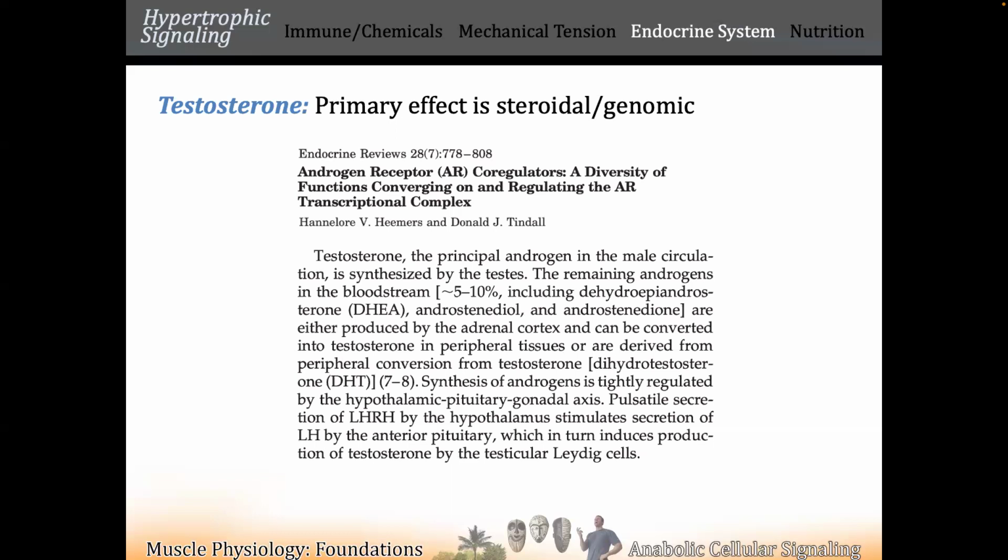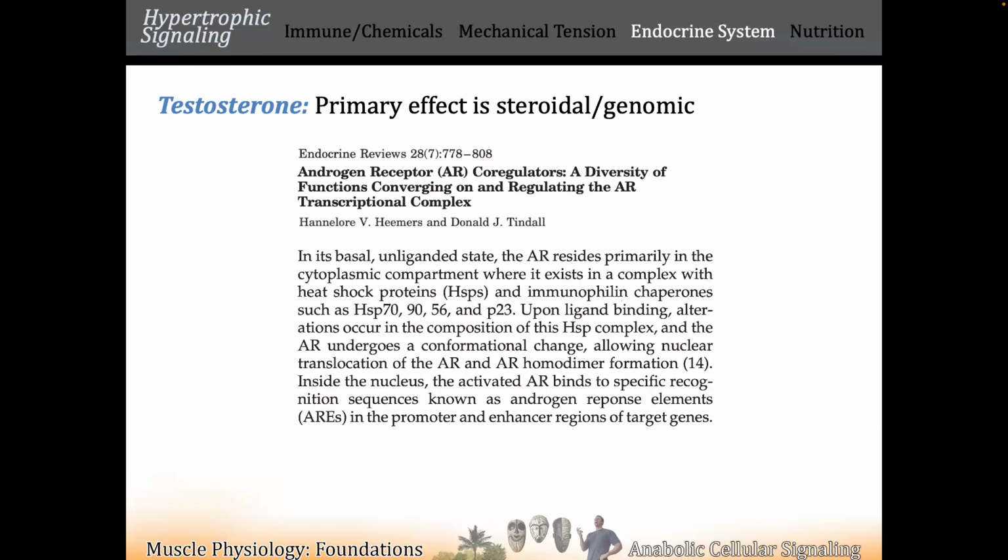And the primary effect of testosterone is genomic. The androgen receptor, what the testosterone binds to, is in the cytoplasm. It's inside of the cell. And then once it's bound to androgens, it binds to androgen response elements, AREs, of genes.